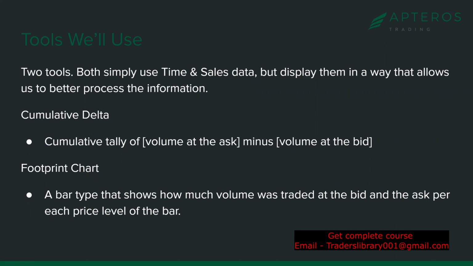Instead of staring at the time and sales and seeing whether it's a red or blue line because it's at the bid or the ask, this is saying how much volume was traded.